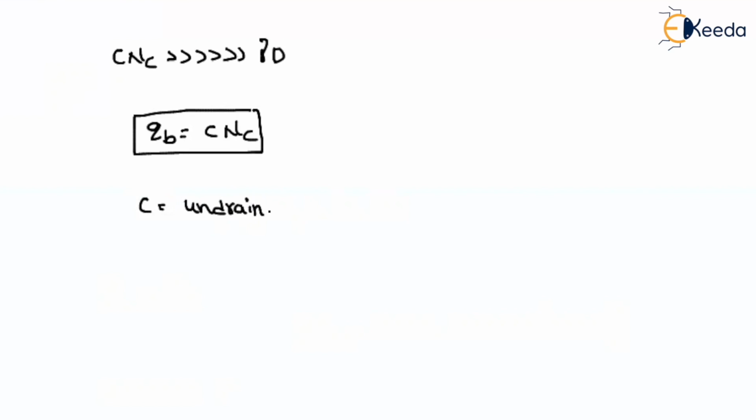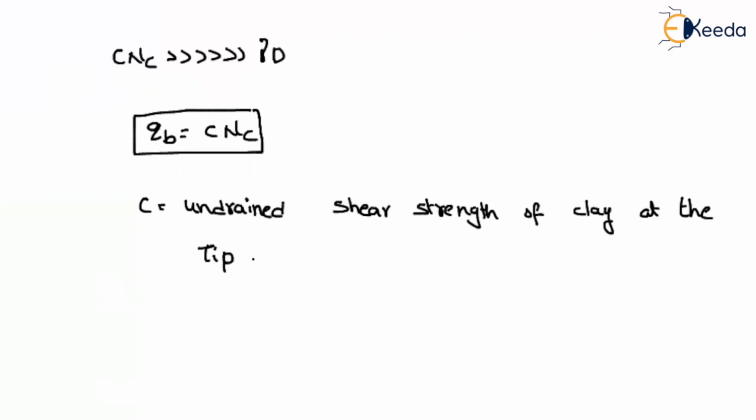Undrained shear strength of clay. Where this is important: at the end of the pile, that means at the tip of the pile. Sometimes you may have uniform cohesion, and sometimes you may have different cohesion values in different strata.